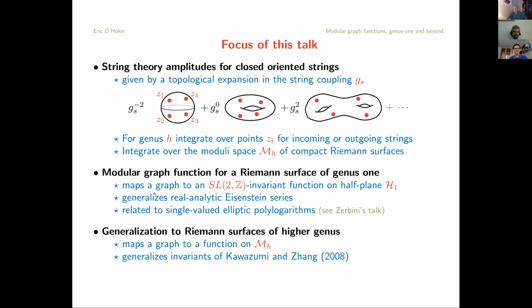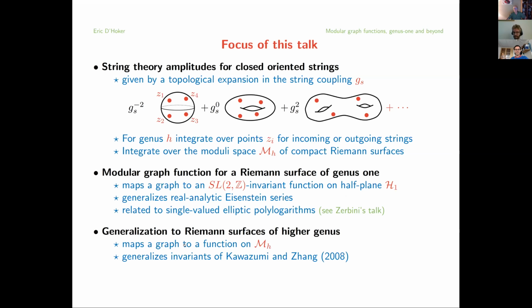These functions in general generalize real analytic Eisenstein series, and they're related to single-valued elliptic polylogs, and for that, I'll refer you to Federico's talk of yesterday. So I will briefly review this, and then move on to considering modular graph functions for higher genus surfaces.